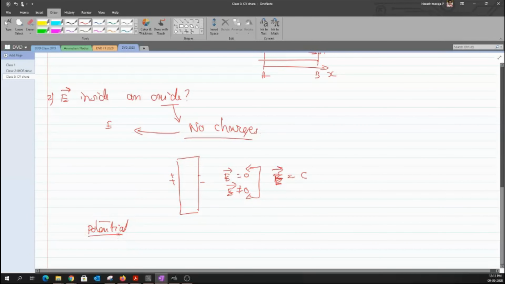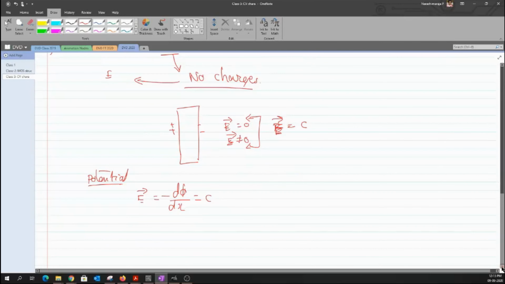Now again from the potential equation, I know that the electric field can be written as d phi by dx, and that is equal to constant. What it means for us is that there exists some sort of difference in the potential profile. Let me write it as point A and point B. I just want to measure the potential difference across that.